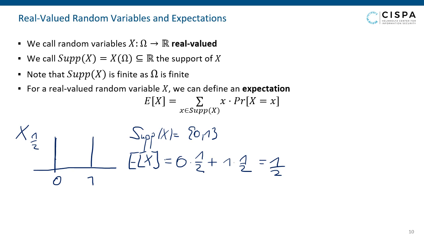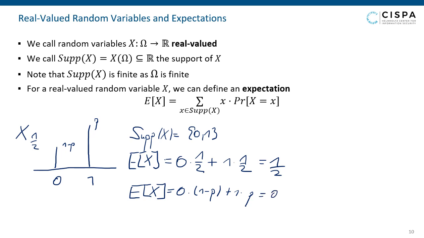For the case of a biased coin, where we say the probability of 1 is p and the probability of 0 is 1 minus p, the expectation of x is 0 times 1 minus p plus 1 times p, which is p.